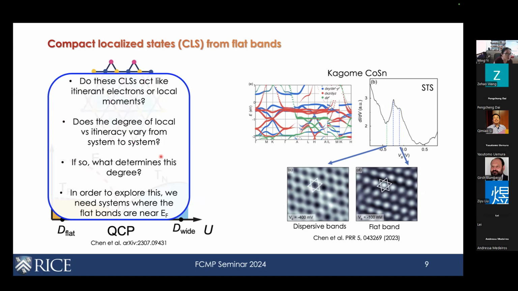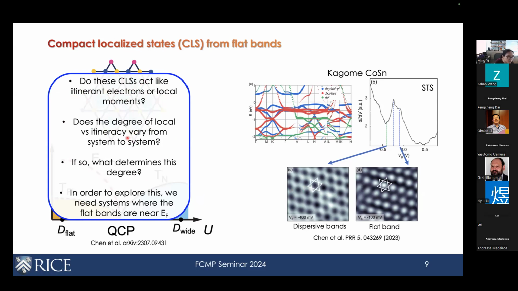In real materials, can these objects participate in the forming of electronic orders? Should we think of them as something that can be tuned between the itinerant limit and the local moment limit? If so, in a real system, what controls this degree of itinerancy versus local moment? How do we understand this problem?